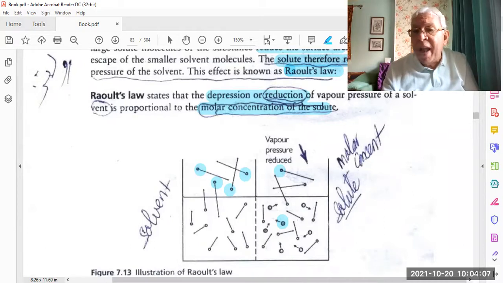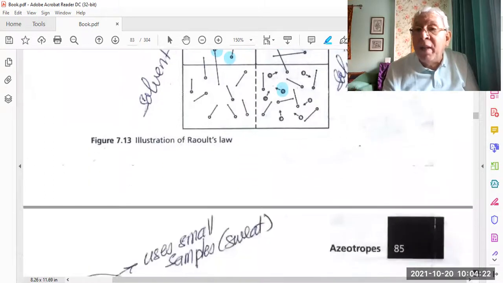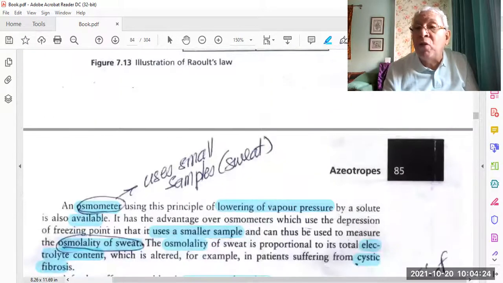On the other hand, on the right side, the solute present will hinder the evaporation of the solvent. So this is called Raoult's phenomenon.